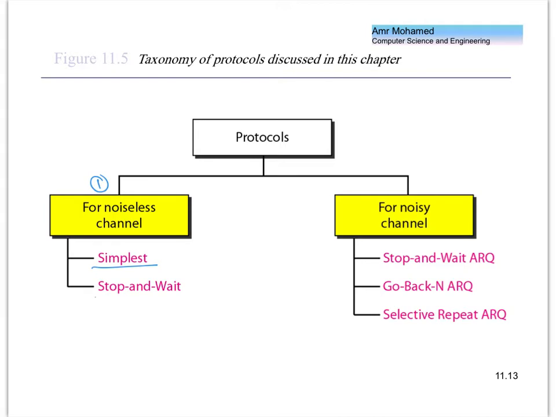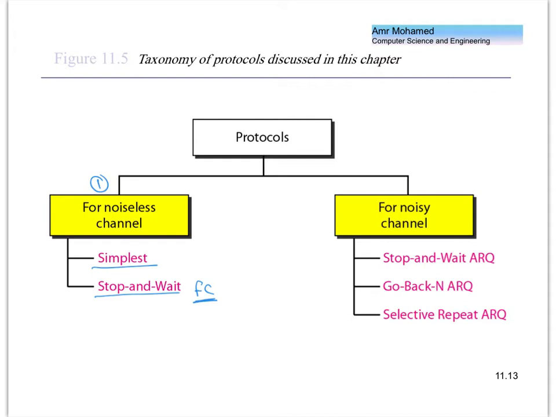Then we will discuss the fact that we need at least to perform flow control. Since we do not do error control because the channel is perfect, at least we will do flow control. So this is stop and wait. Stop and wait is a very famous technique, as we have discussed in the transport layer, which guarantees flow control. How?